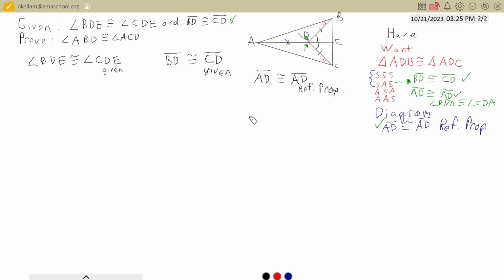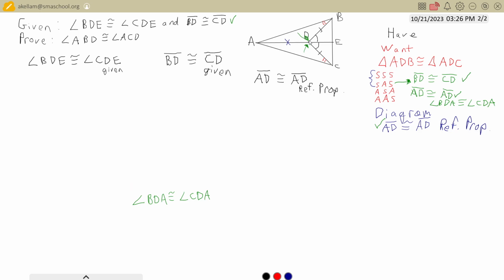So let's do this. I am going to try to show that angle BDA is congruent to angle CDA.